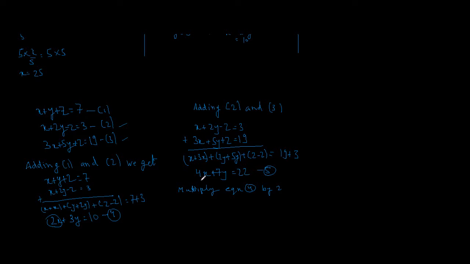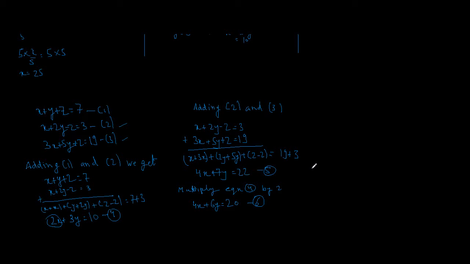And then if I perform a subtraction after that, then I should be able to eliminate x. Let's see. So multiplying equation 4 by 2, I get 4x plus 6y equal to 20. Let's call this equation 6.